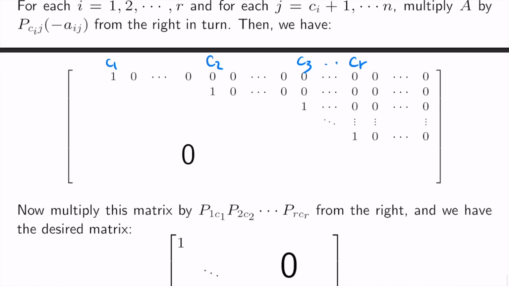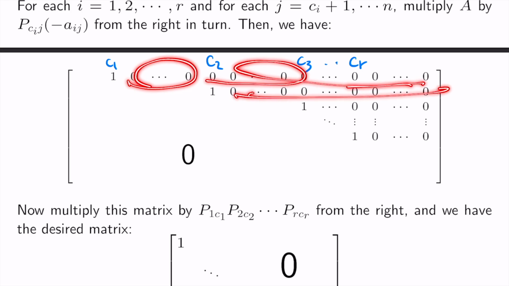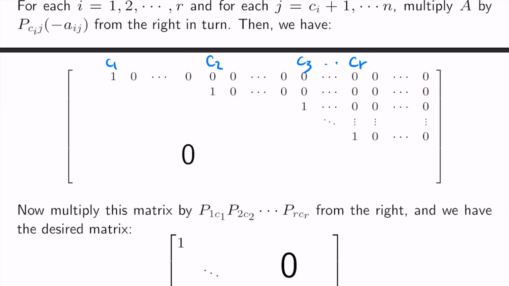Then after all, we have this matrix. So we have ones here, and everything else is 0. So everything here is 0. Everything here is 0, 0, 0. And of course, this was already 0 to begin with.